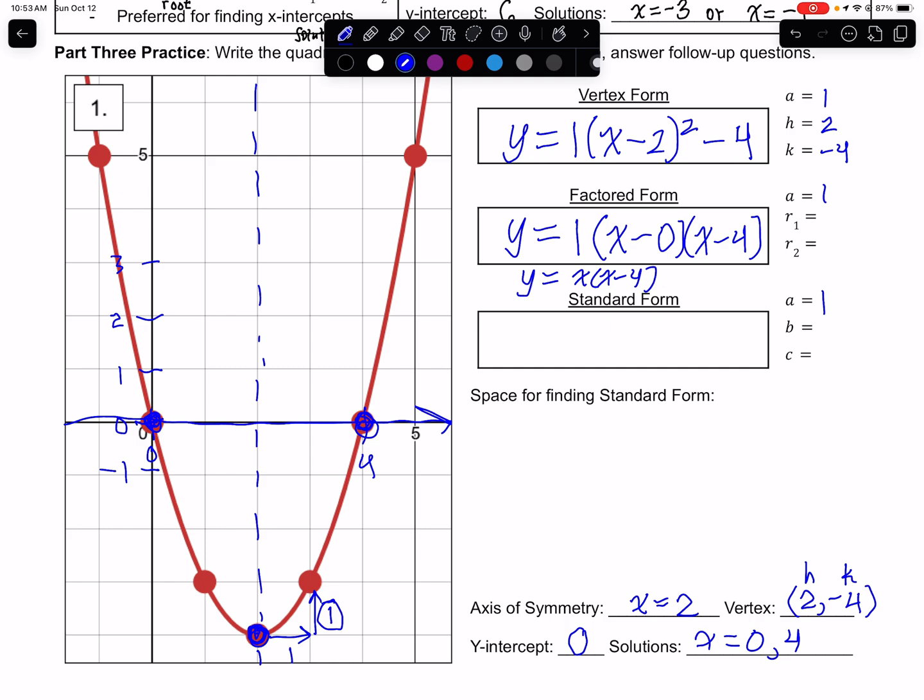And standard form, just take factored form and just expand it out. Distribute. Multiply. So this one's actually not bad at all. We just have to do that.